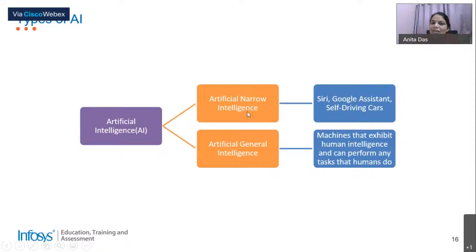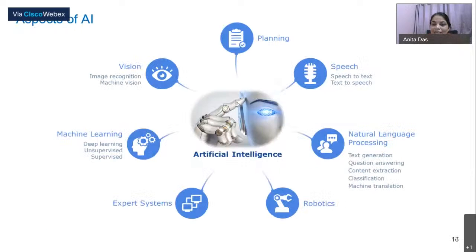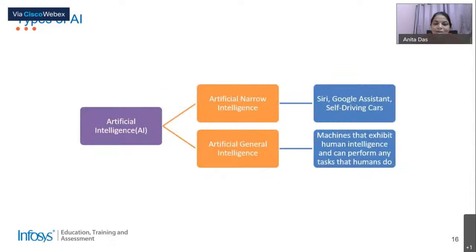But as far as narrow intelligence is concerned, we have many devices, machines and applications where we see such intelligence. Of course, we are trying to achieve general intelligence also, using neural networks, like how the human brain works. We want to create machines which can work like that, and maybe sooner or later we will achieve general intelligence.